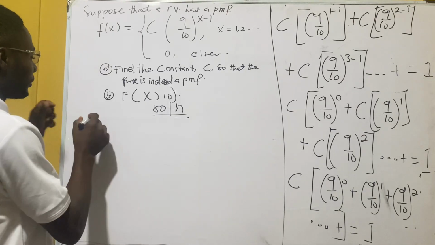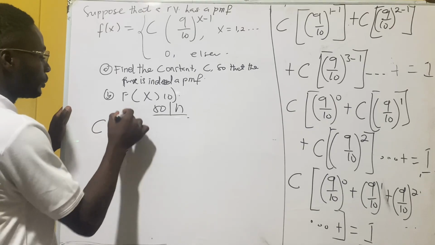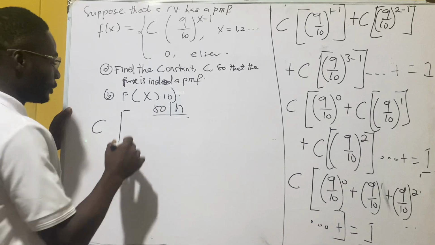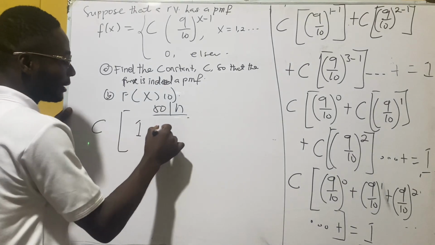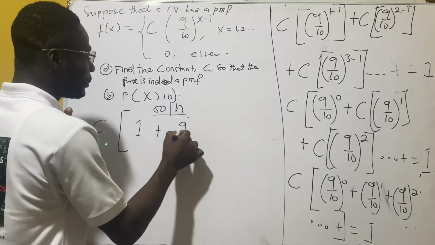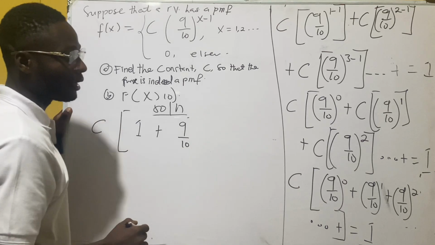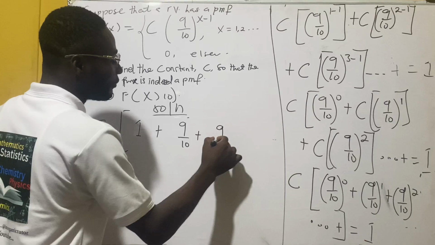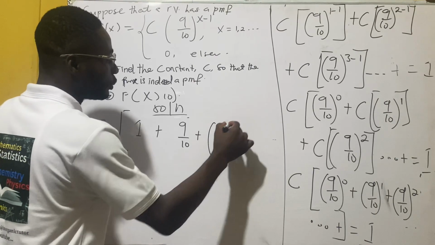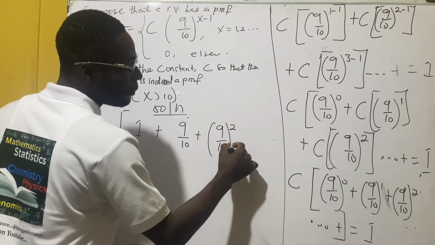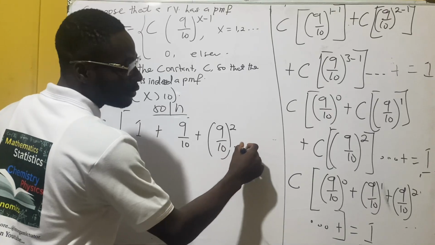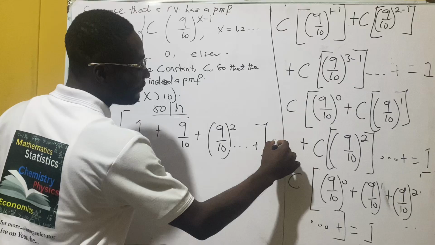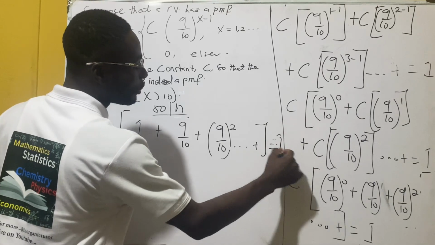We have c into 9 over 10 power 0, which is basically 1. So we have 1 plus 9 over 10 exponent 1, which is 9 over 10, plus 9 over 10 exponent 2, dot dot dot, plus, to infinity. And that should be equal to 1.